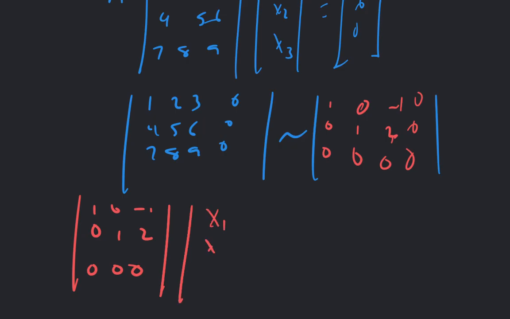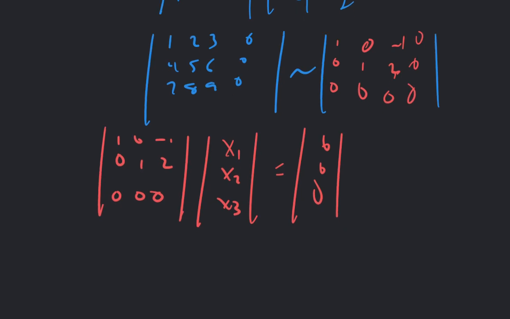That was x1, x2, x3, and that's equal to the 0 vector. Now we just write it out: x1 minus x3 equals 0, and then x2 plus 2x3 is equal to 0.